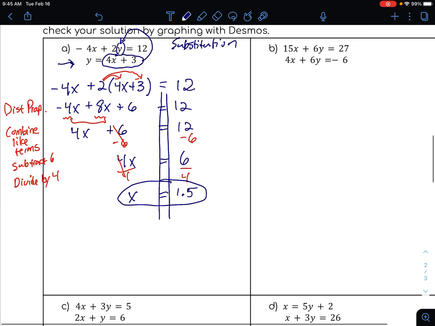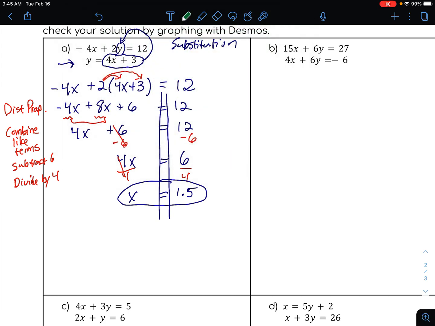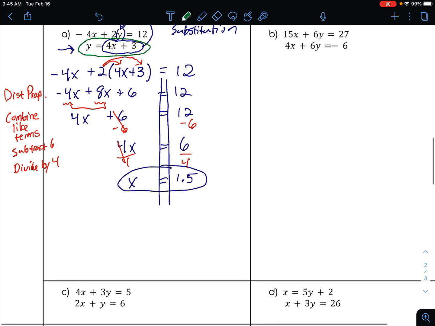So remember, that is half of our solution. It's the x value for our solution. So now you've got to go back up and say, okay, which one of the equations would be easier to substitute that 1.5 back into to get the y value? In this case, the second equation, you can substitute it into either one, but that second equation is going to be a little bit easier because it's already got y by itself.